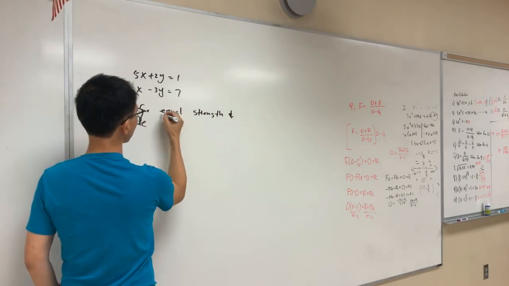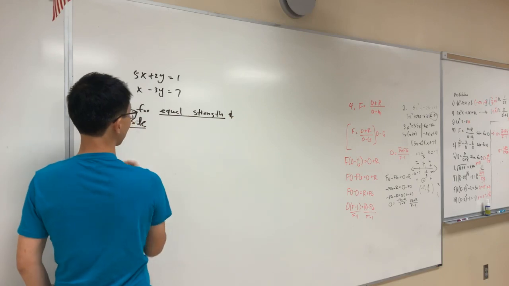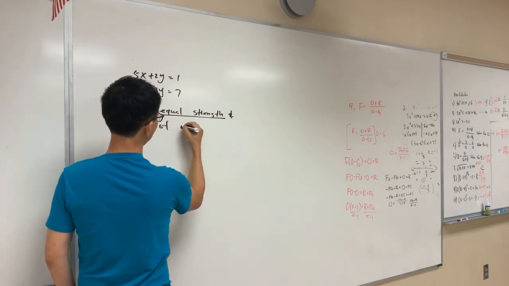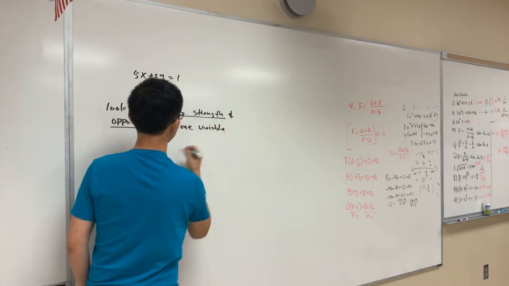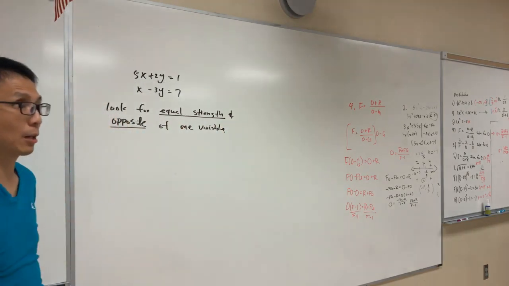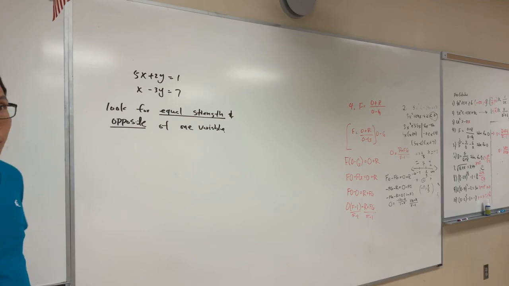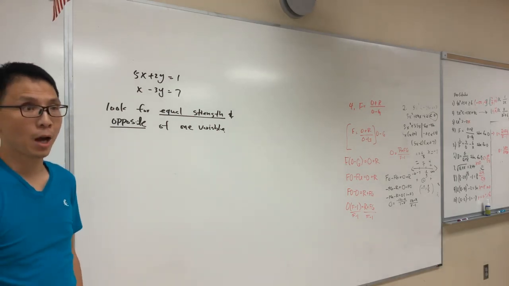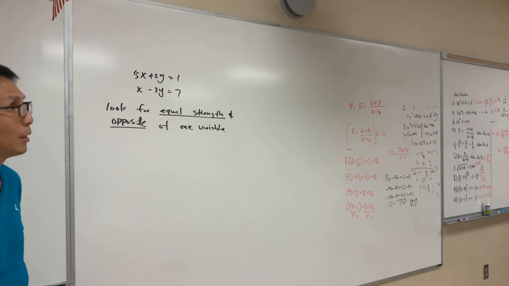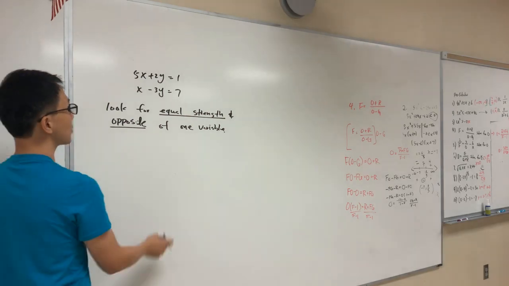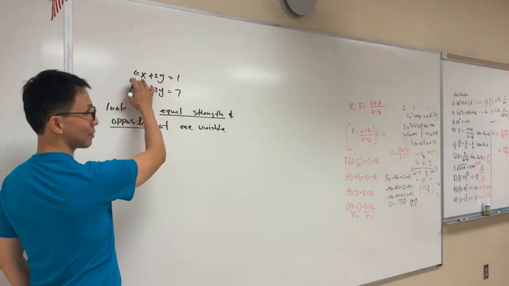Two things: equal strength and opposite of one variable. You can choose x or y, it really depends on your preference. Which one would you pick, x or y? I will pick x in this case, so I want a 5x and negative 5x.